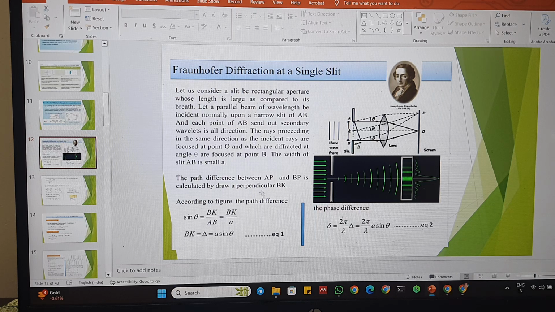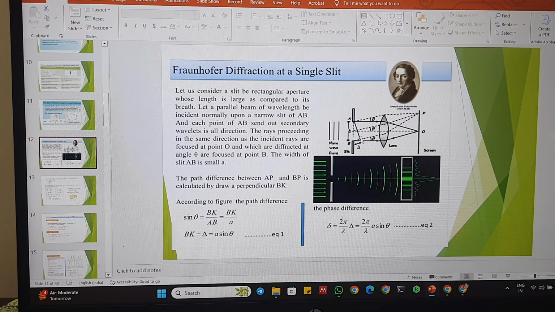Then the path difference between AP and BP. What is AP? That is from the edge of the slit to the first wavefront, that is AP, and the second edge of the slit will be BP, calculated by the perpendicular from B, that is BK. Then according to the figure, the path difference will be a sin theta.